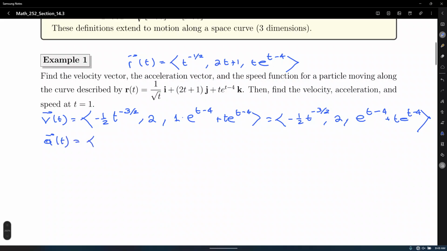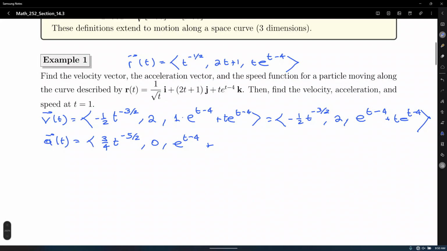Okay, the derivative: 3/2 times 1/2, that's going to give us 3 times 1, which is 3, 2 times 2, which is 4, so 3/4. And also positive, because negative times a negative equals positive. So t to the negative 3/2 minus 1, isn't that negative 5/2? And the derivative of 2 is 0. And then the derivative of e to the t minus 4 is just itself, e to the t minus 4, plus the derivative of t e to the t minus 4.